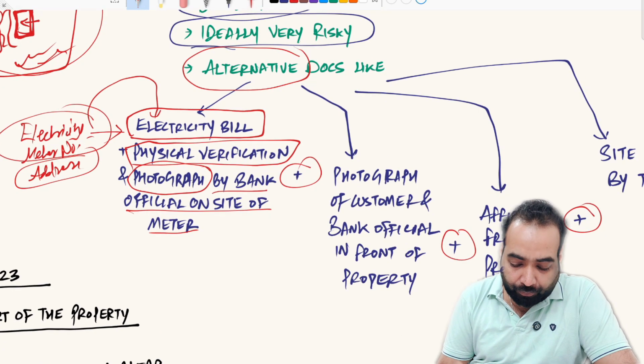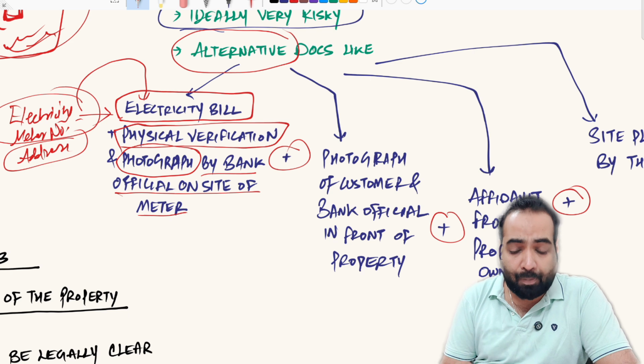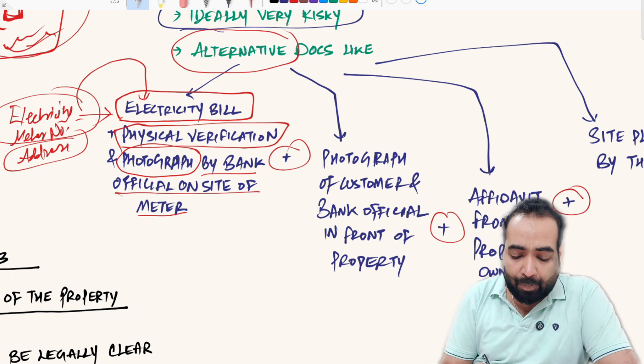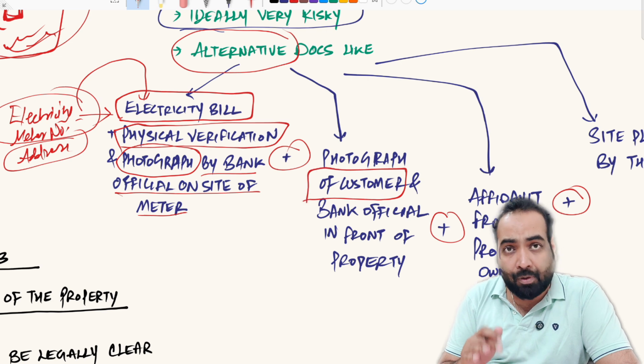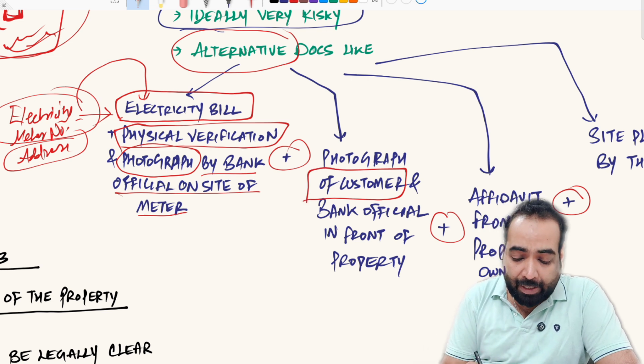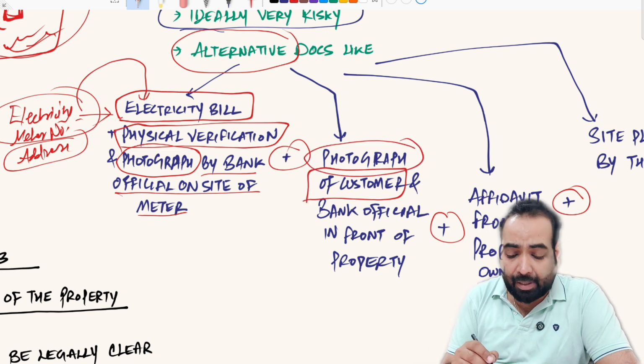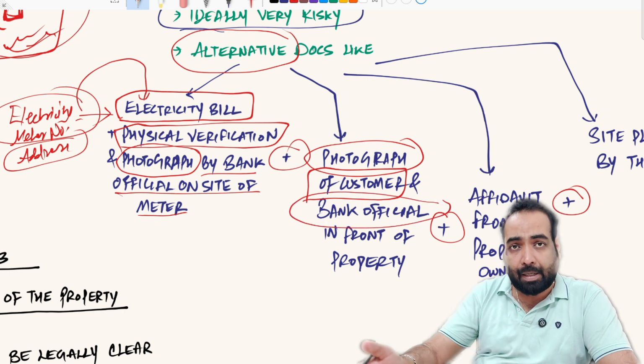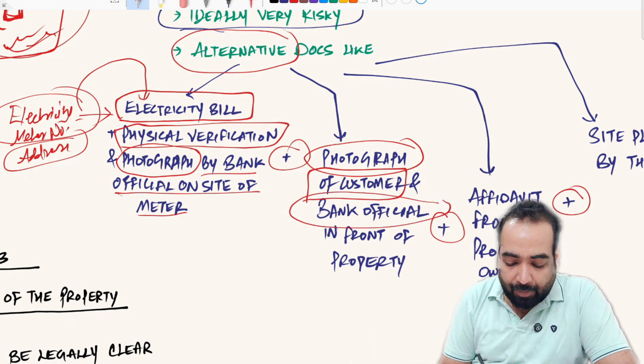After doing this, the official employee of the bank asks the customer to come in front of the property which is proposed by him for mortgage for security. He takes the photograph of the customer standing on his side in front of the property.